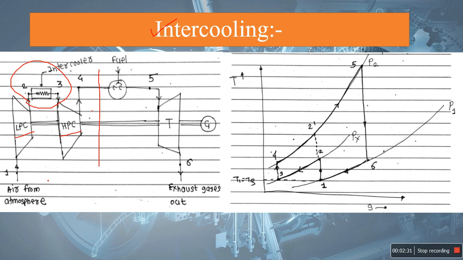First, 1 to 2 is the isentropic compression carried out in the low pressure compressor, up to an intermediate pressure. Suppose the intermediate pressure is Px, so the pressure is increased from P1 to Px.